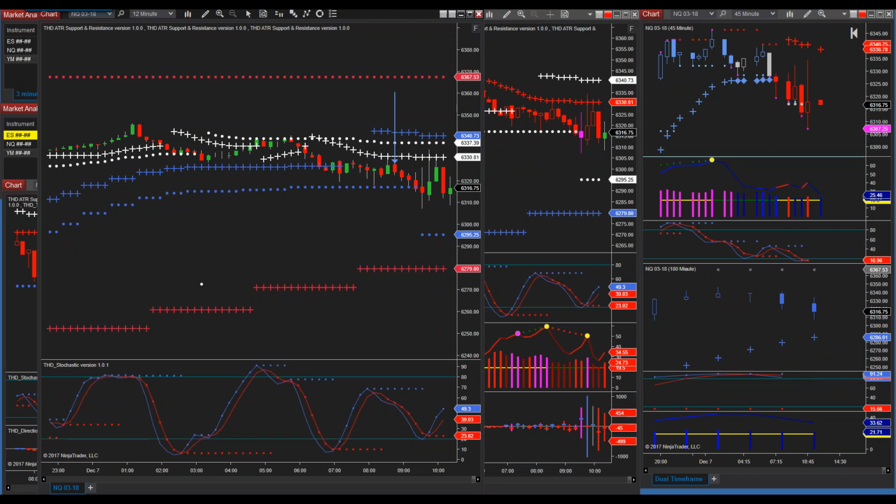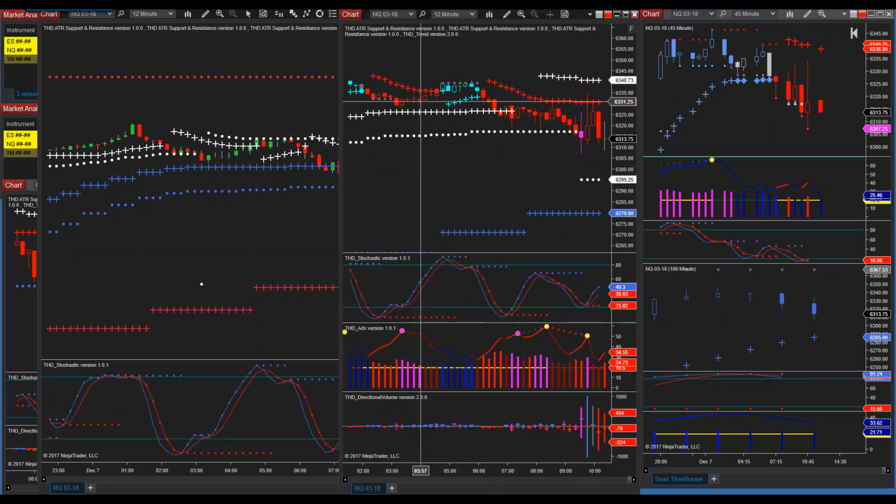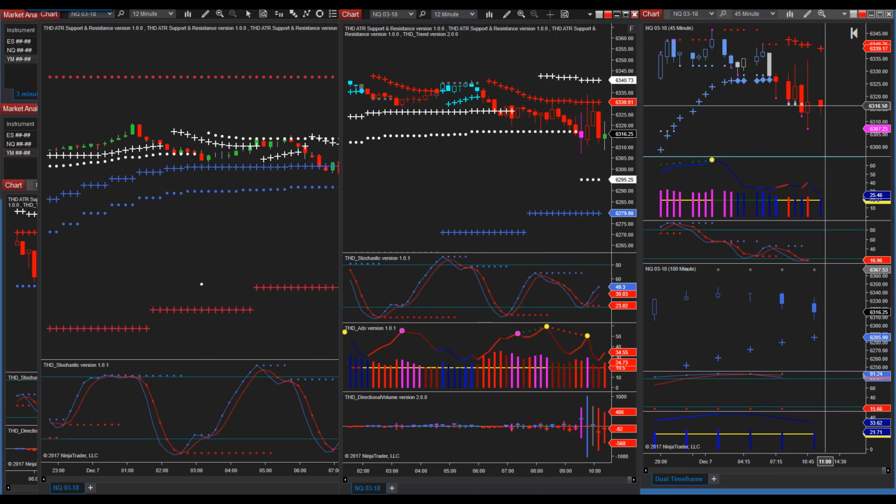Now, for those of you that are using the NinjaTrader version, the blue and the red right here on price bars, that's just the standard trend ATR. Okay, the white, because this is a 12-minute, the white is coming from the 45-minute.